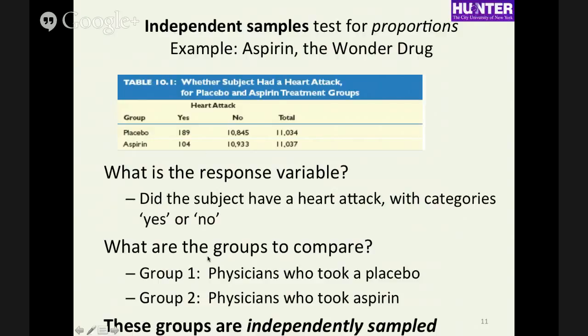And the two groups to compare, they're whether the individuals were taking a daily placebo or a daily aspirin. And this is a randomized controlled trial where people were randomly assigned to take the placebo or the aspirin. This is pretty clearly an unpaired test, right?